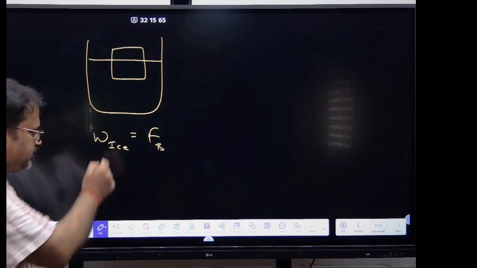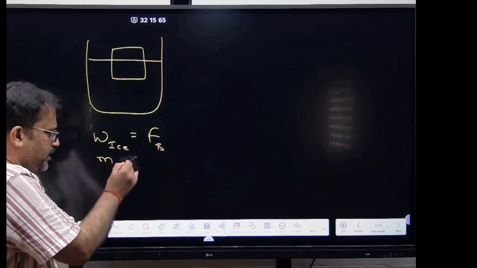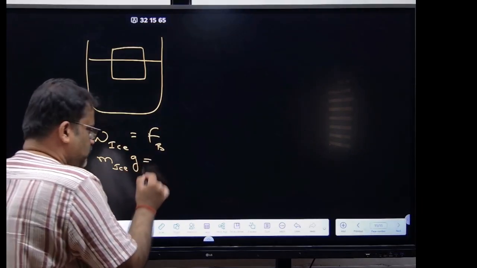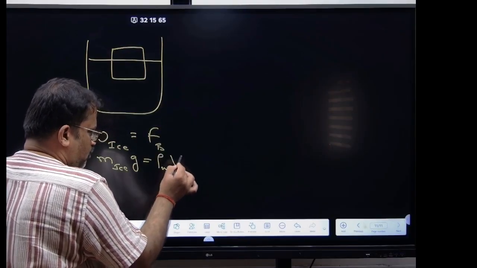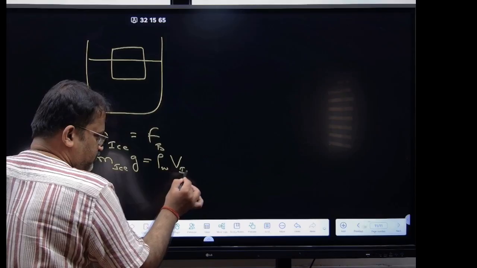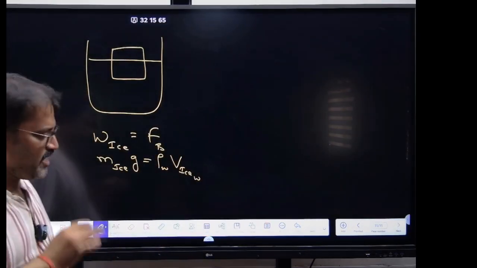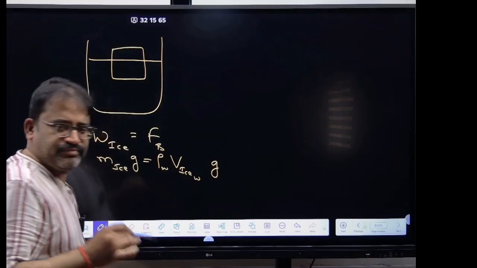Okay. Now, what is the weight of ice? It is mass of ice into acceleration due to gravity. That is equal to, we can say, density of water into volume of ice inside water. Remember children, it is volume of ice inside water into, of course, g.